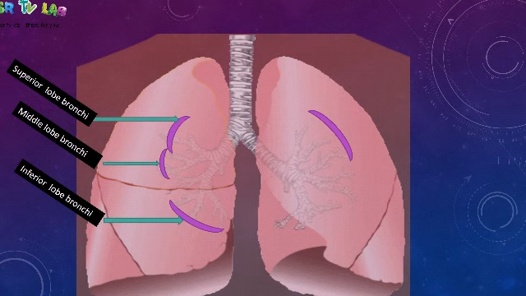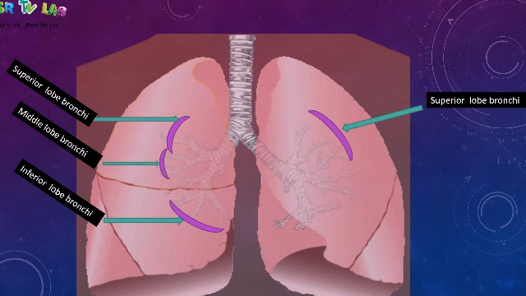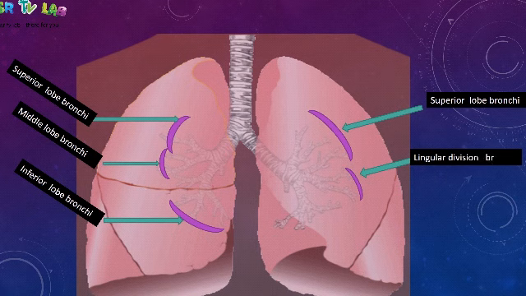Then we go to the left lung. There is a first group that supplies air to the superior lobe of the left lung. Then there is another group here. It's a group that supplies air to the lingular division. The lingular part, we are going to see it. There is one part of the left lung called the lingula.